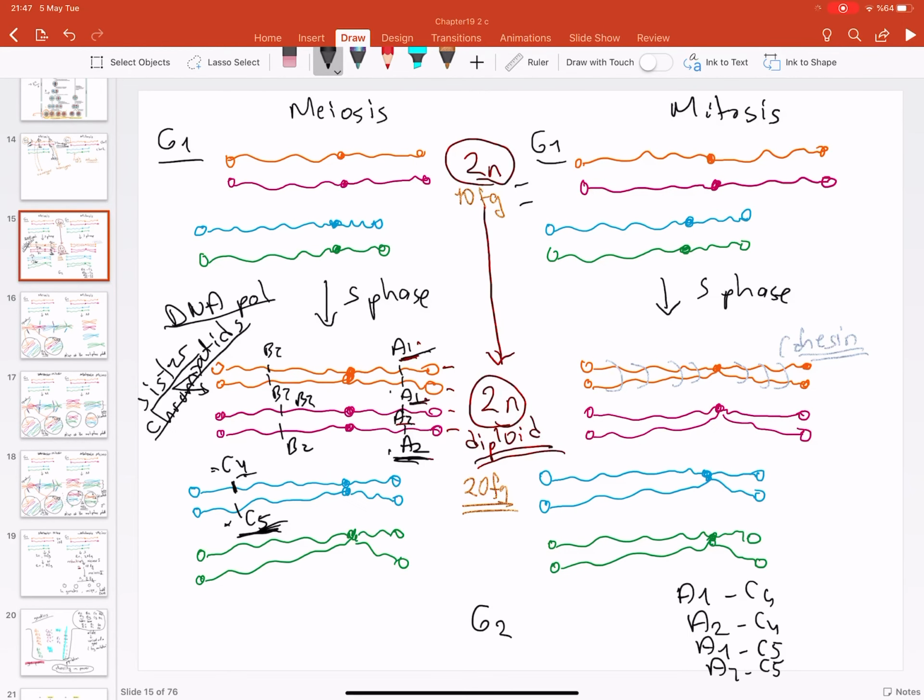What if you have another allele here, very close to C? Let's say it is G, G2 and G8. Now, this G2 and G8, they are too close to each other. So first of all, they are on the same chromosome.